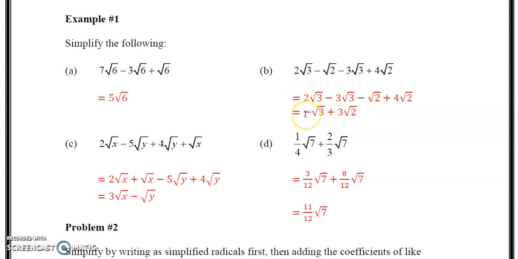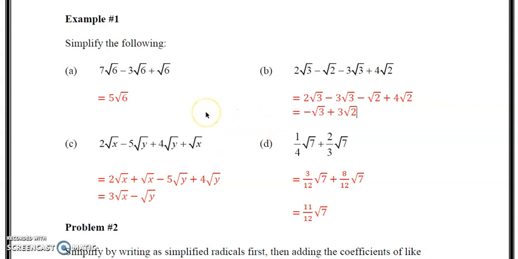And then we have 2 root 3 minus 3 root 3, so I have negative root 3, and I have root 2 plus 4 root 2, which gives me 3 root 2. And that's it. Nothing you can do with that. They can't be added together, they're not like, it's like taking x and y and you're finished. You can't go any further.